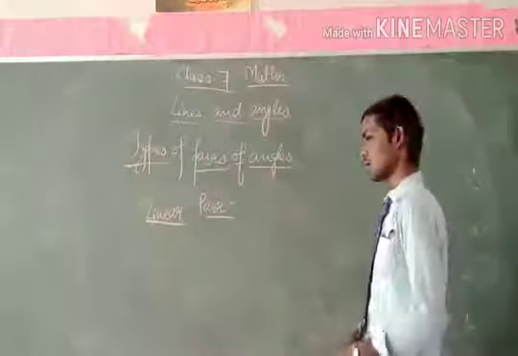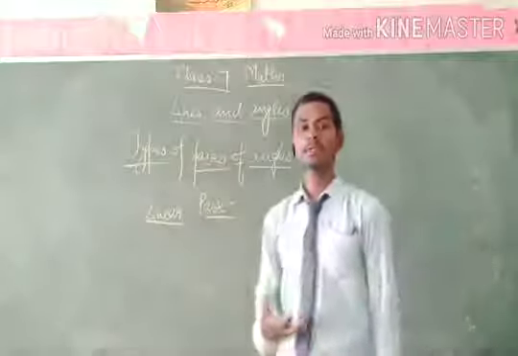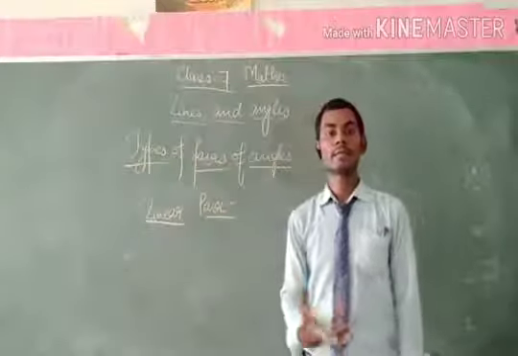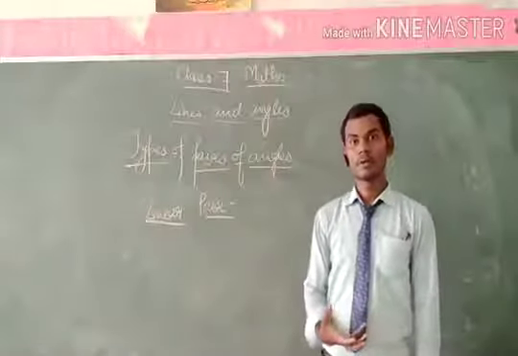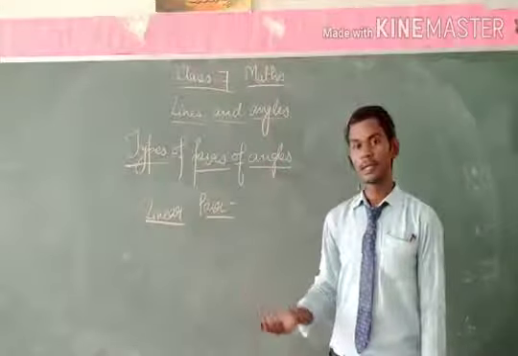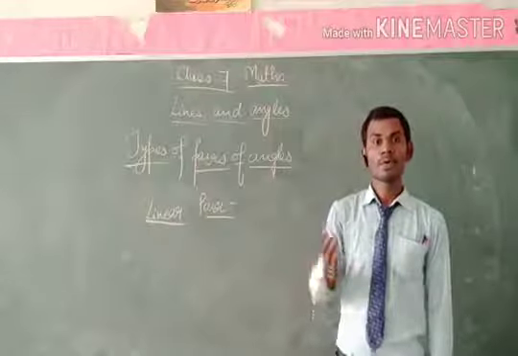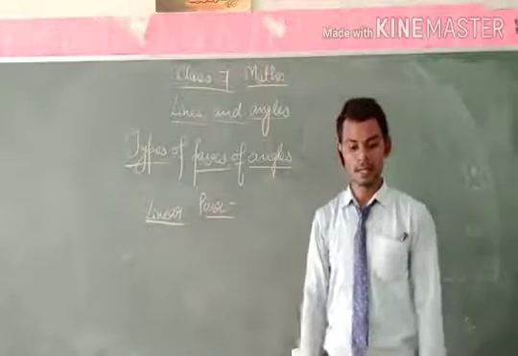Linear pair means two angles are said to form a linear pair if they form adjacent angles by two intersecting lines.